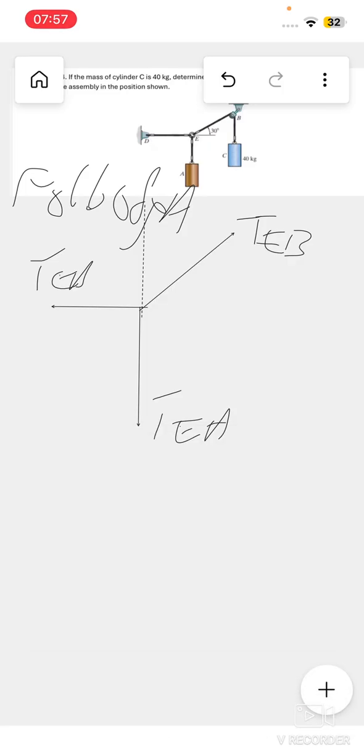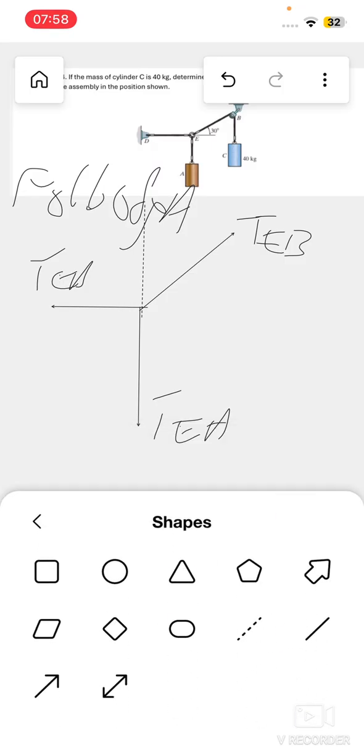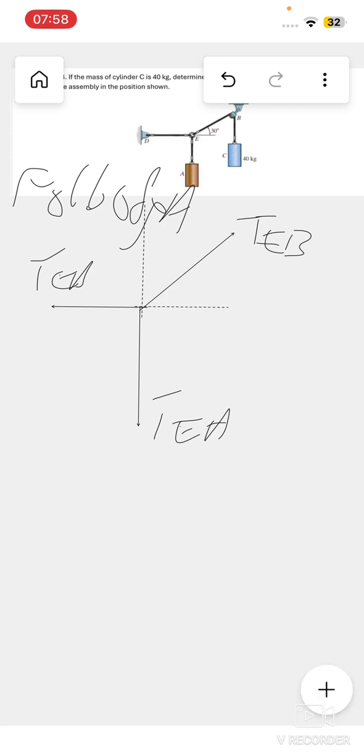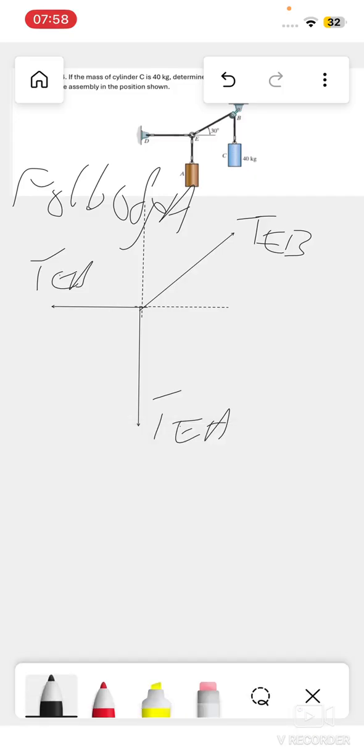Here we have a vertical component, and we need to show a horizontal component also. This vertical component we will name TEB sine 30.